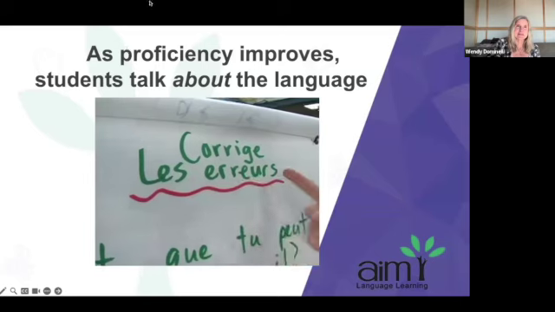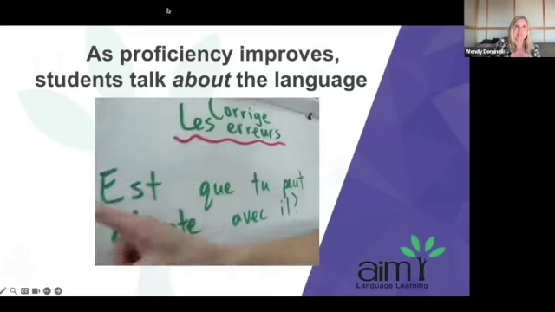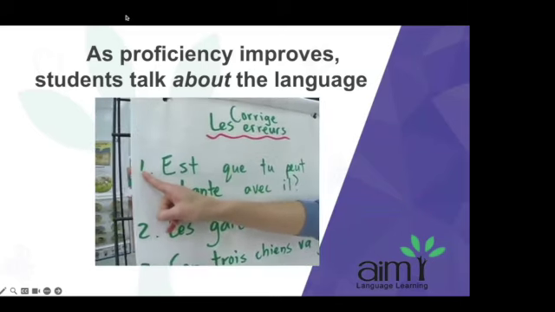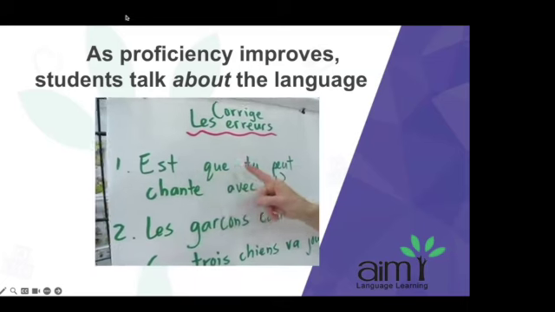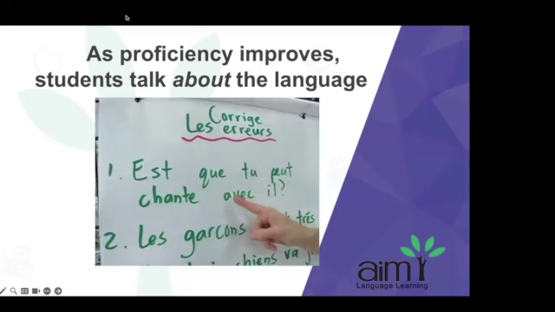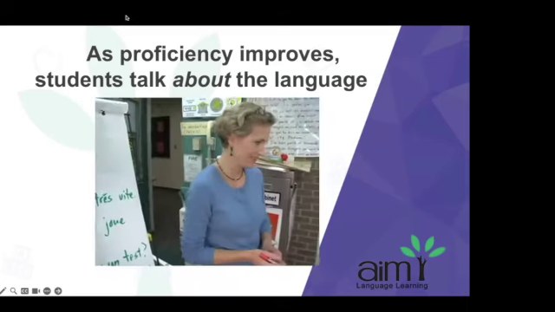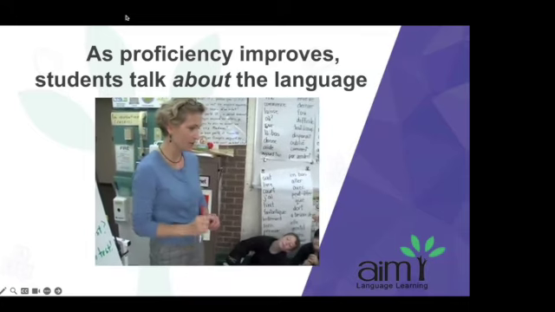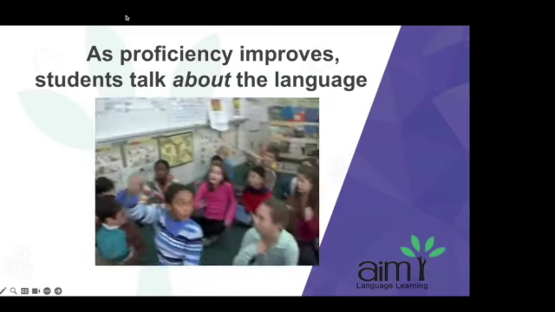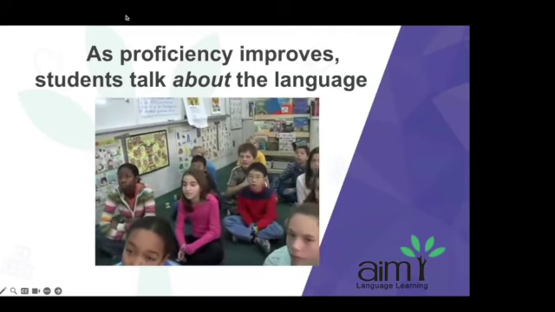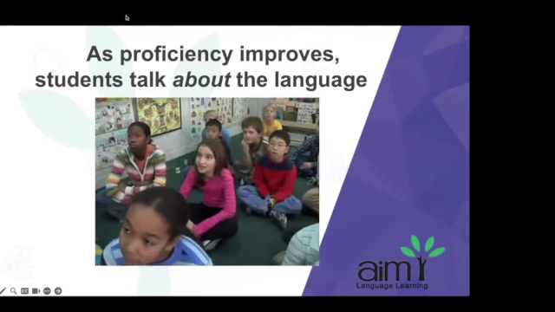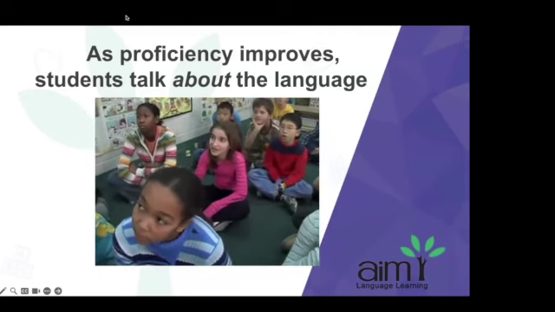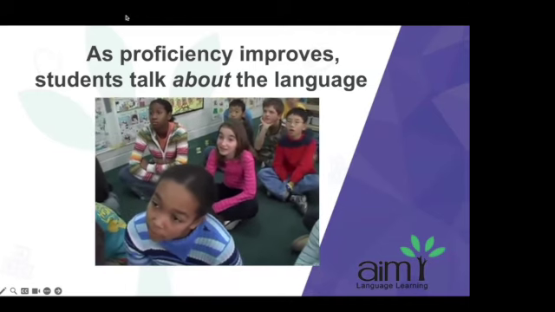Corrige les erreurs. Le numéro. Tout le monde lit avec madame. 1, 2, 3. Est-ce que tu peux chanter avec il? Qui vois une faute dans la phrase numéro 1? Oui. Chante doit être chanté parce que après peu, c'est l'infinitif.